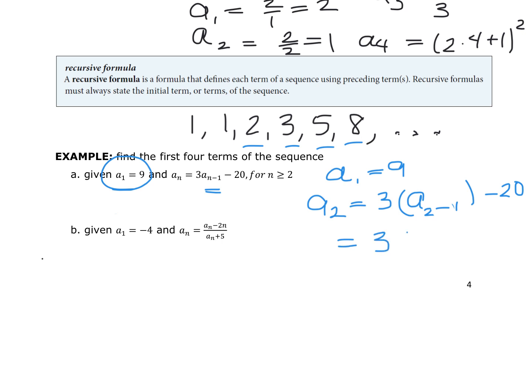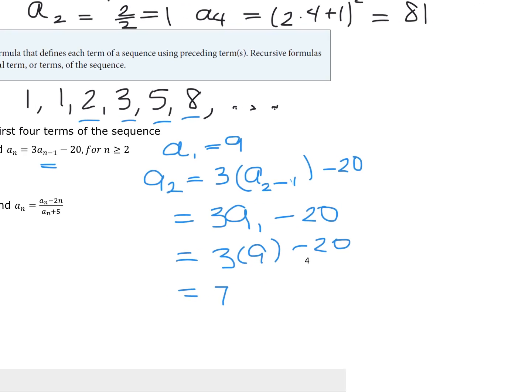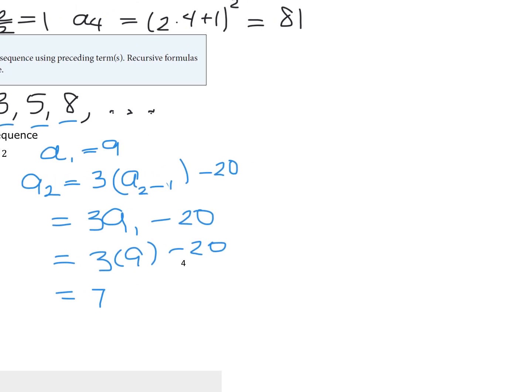So 3 times a sub 1 minus 20. Well, a sub 1 happens to be 9, so it's 3 times 9 minus 20. 3 times 9 is 27 minus 20 is 7. So my second term is 7. Now let's do the next one. I have a sub 3.